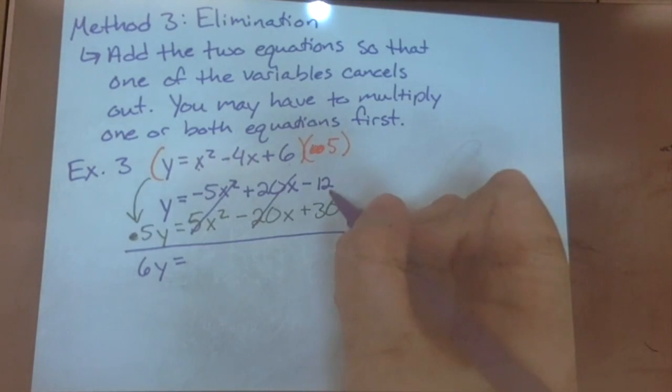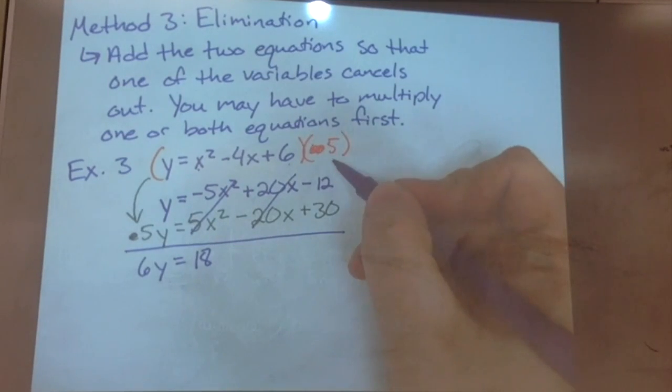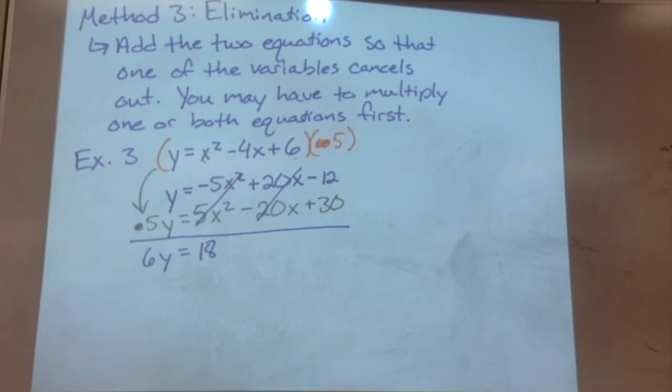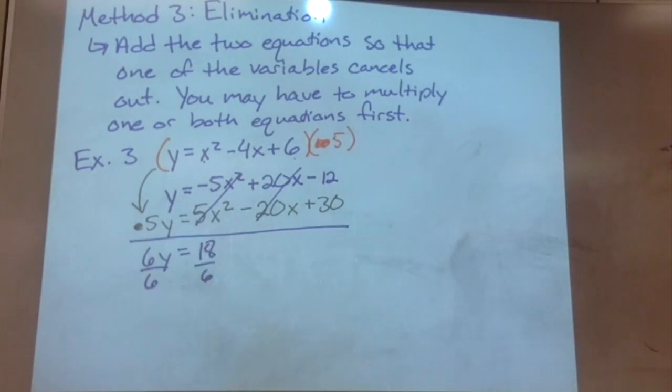And then negative 12 plus 30 is 18. So that whole thing, once I've multiplied the top equation times 5 and added them together, simplifies down to 6y equals 18. So then to get y by itself, divide both sides by 6. So y is equal to 3.